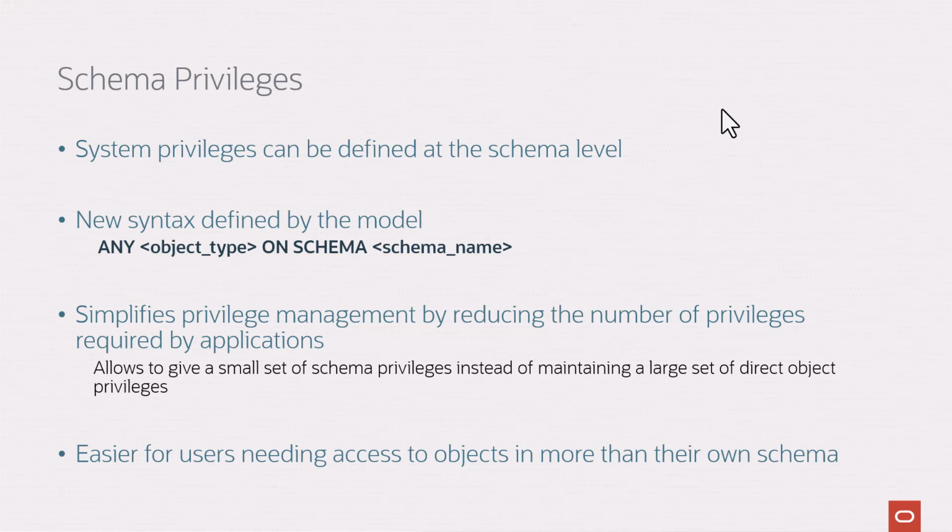You can grant select any table, for instance, database-wide, but it's a bit too much, and it lowers the global security of your system. Or if you want to give privileges on just somebody else's schema, you can grant object privileges, object by object, but that takes potentially a lot of effort.